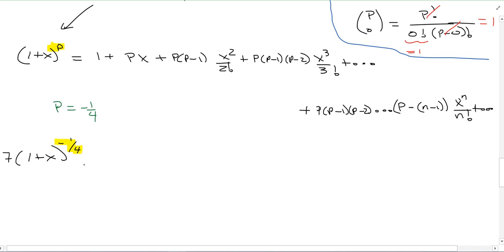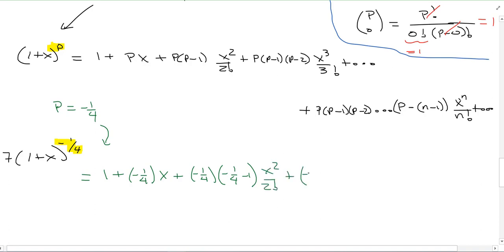When I expand this, it is going to be equal to 1 plus px, so p is negative 1/4, times x, plus p, which is negative 1/4, times p minus 1, negative 1/4 minus 1, x squared over 2 factorial, plus negative 1/4, p times p minus 1 times p minus 2.